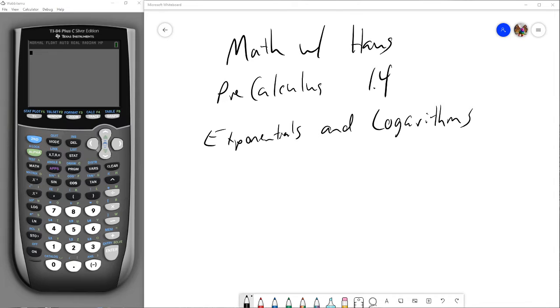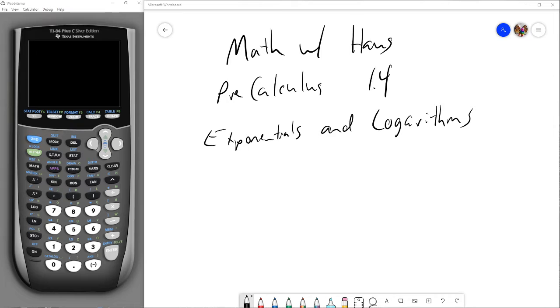Now, last time we introduced the concept of Euler's number. We discovered Euler's number by using the compound interest formula with specific values, and we found that Euler's number was approximately 2.718.